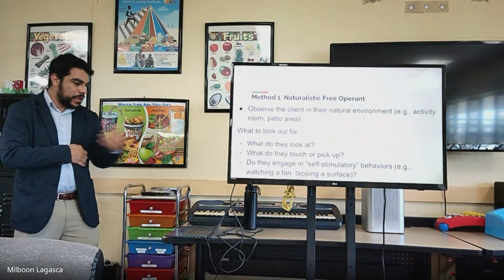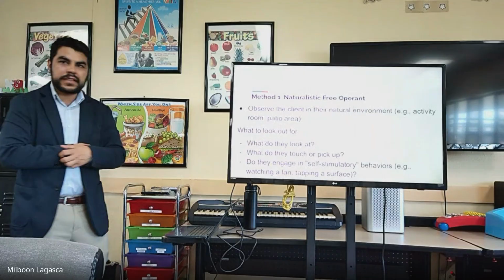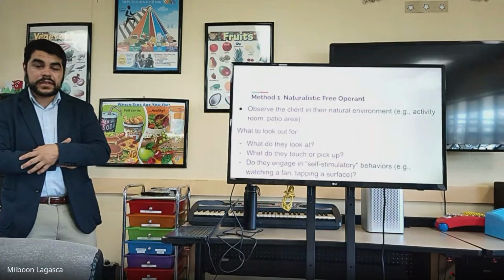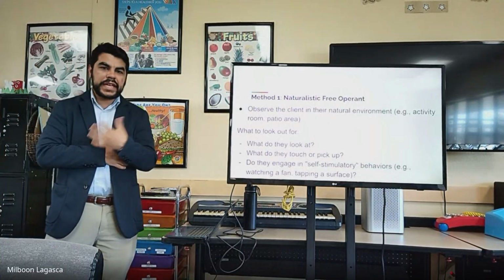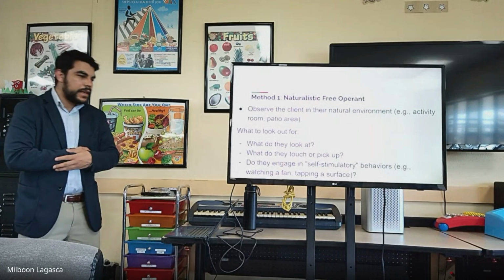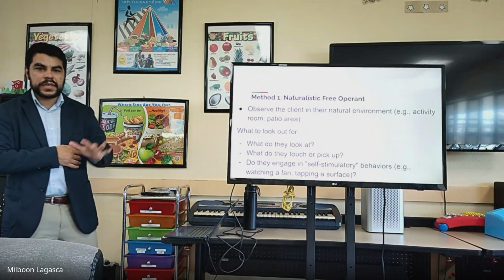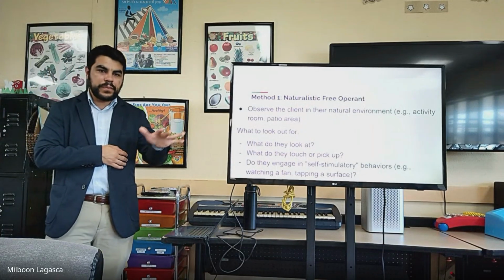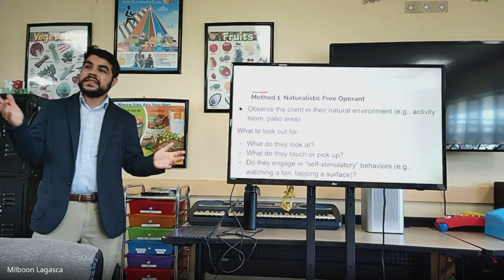We can mix some different techniques and strategies together. Looking at our first method, a more naturalistic approach to free operants: just allowing the individual to be around potentially preferred items and seeing how they react.